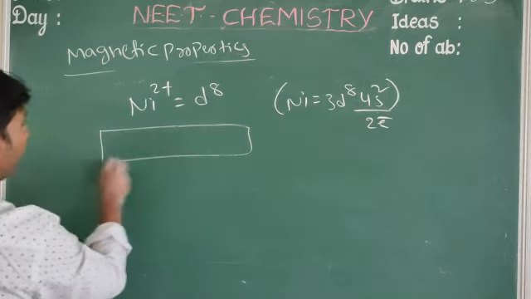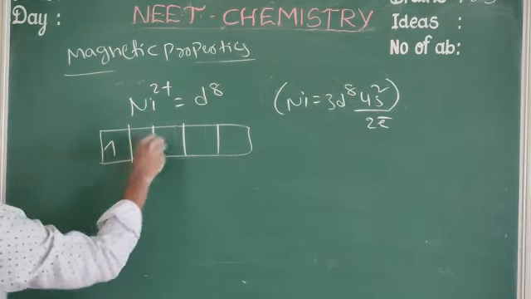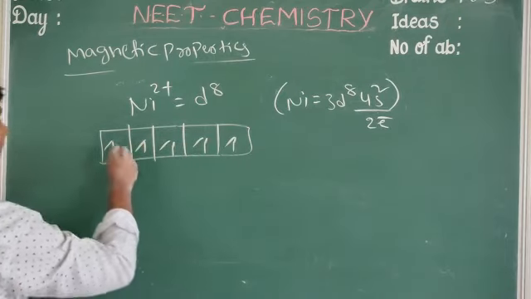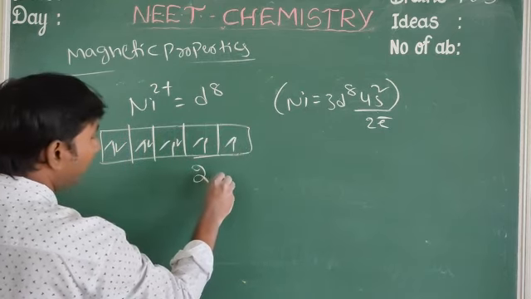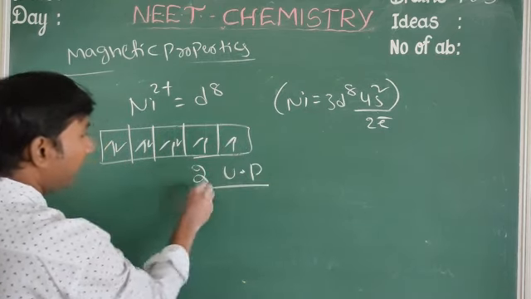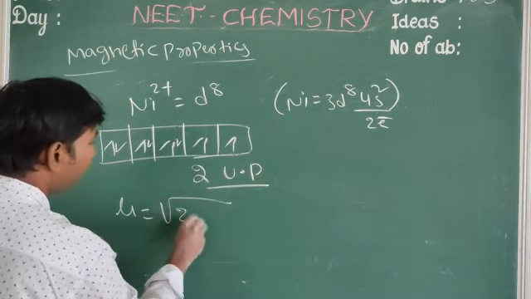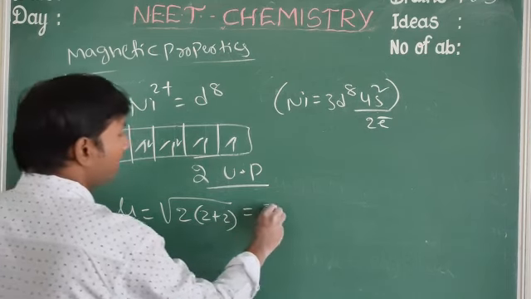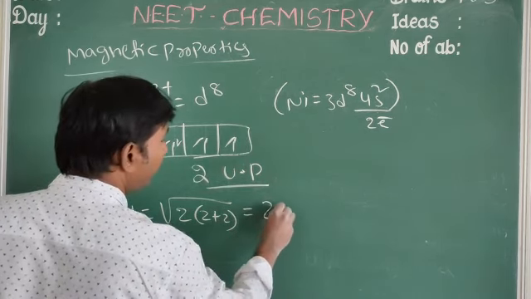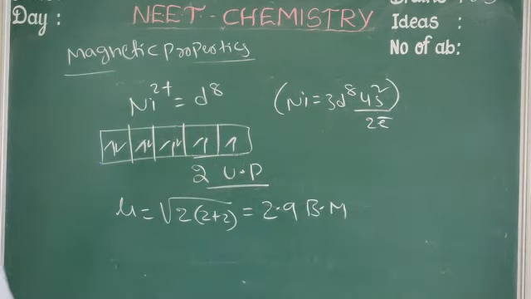D8 means 1, 2, 3, 4, 5, 6, 7, 8, with 2 unpaired electrons. That's why μ equals under root of 2 into 2 plus 2, so almost 2.9 Bohr magneton values.